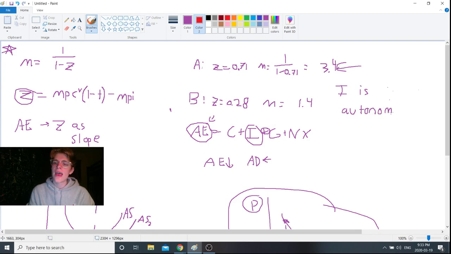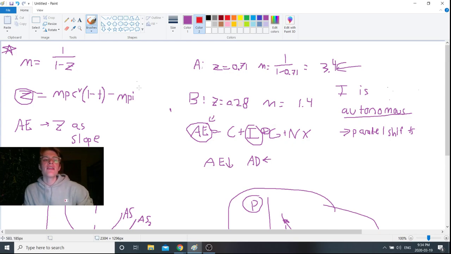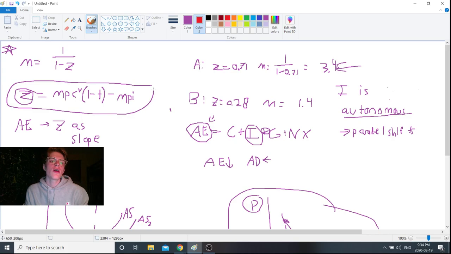So any variable that is autonomous and changes will give us parallel shifts. Okay? And then any of the variables that affect this equation over here are going to give us rotations.